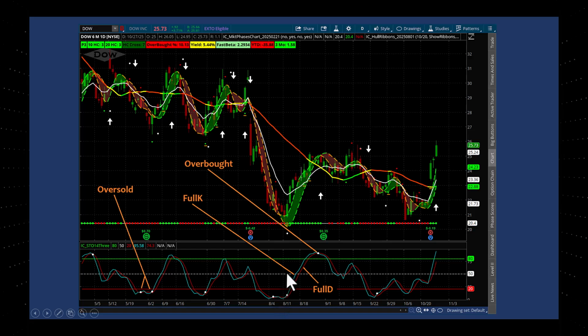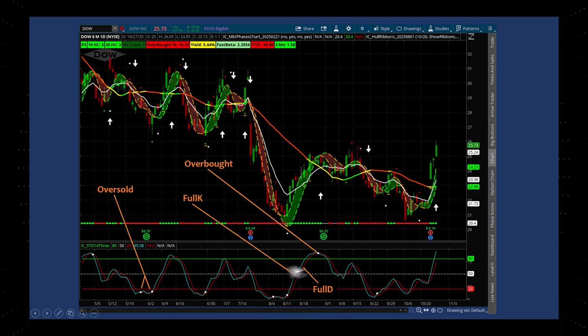The full K line is a little bit faster than the full D. And it's a stochastic, so it has a number between 0 and 1 or 0 and 100. It's a range-bound thing. So you're looking for anything over 80 to determine an overbought scenario, or below 20 for an oversold scenario.